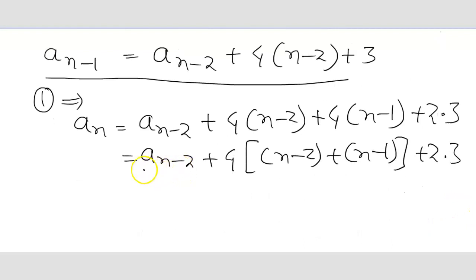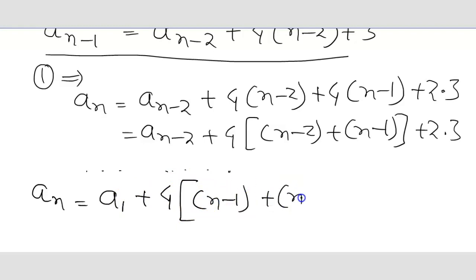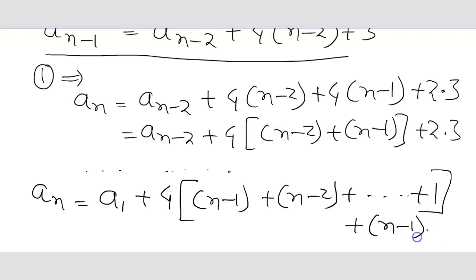Now here we write a_n, that is the nth term, in terms of the (n-2)th term, right? Now, if we proceed with similar arguments and we want to move to the first term, then this becomes a_1 + 4[(n-1) + (n-2) + ... + 1] and (n-1) into 3.